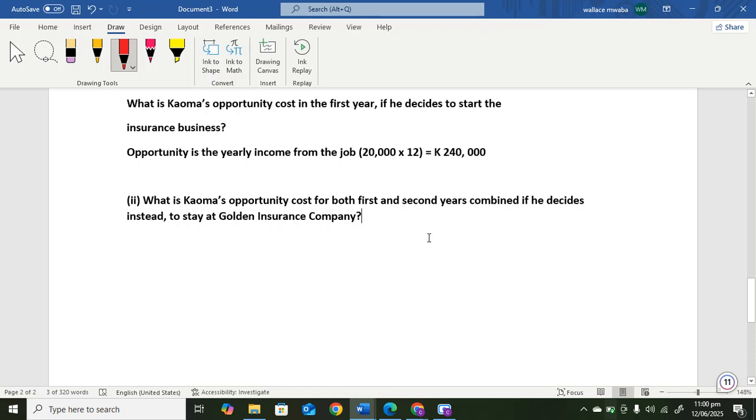So in total, it's 200,000 plus 300,000, which gives you 500,000. So this is the opportunity cost. It's 500,000 you would have made in 2 years. Any question?